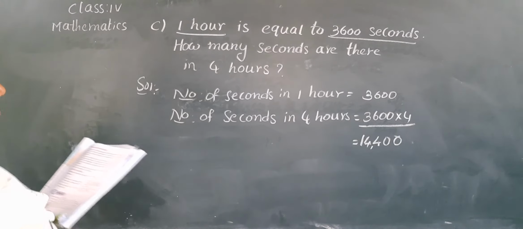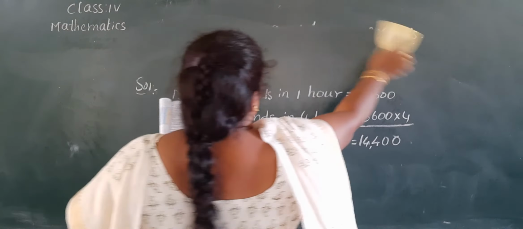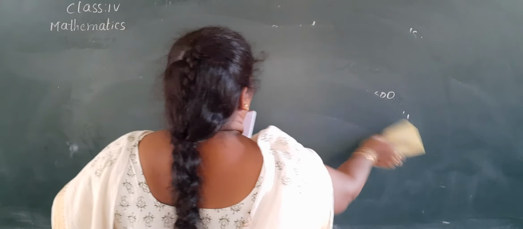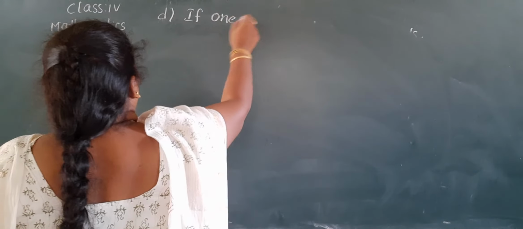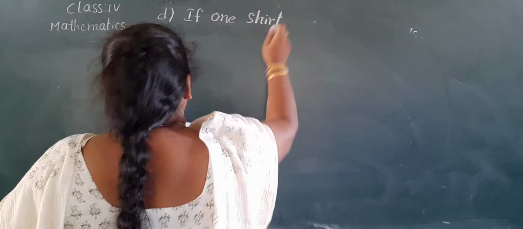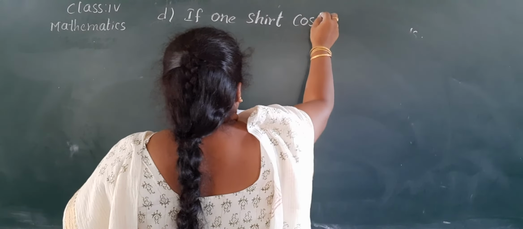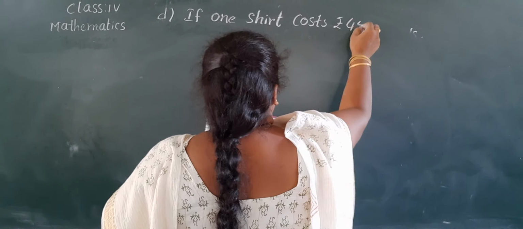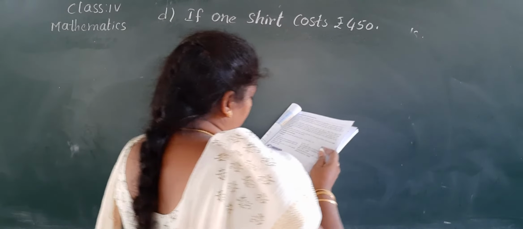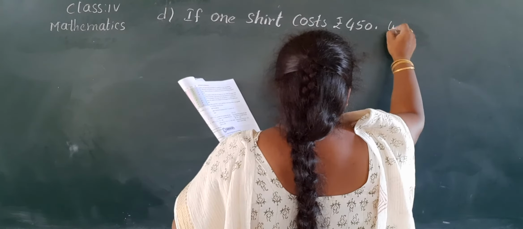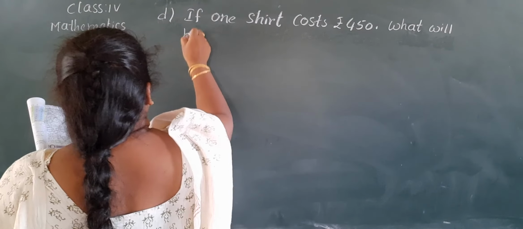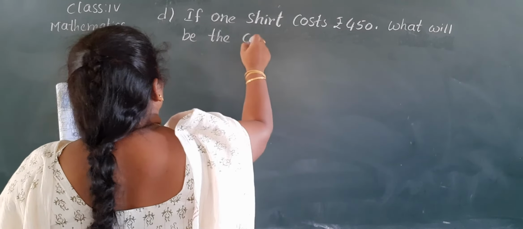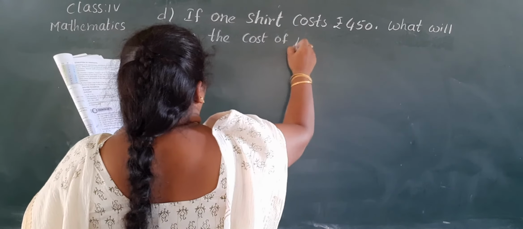If one shirt costs 450 rupees, what will be the cost of 126 shirts?